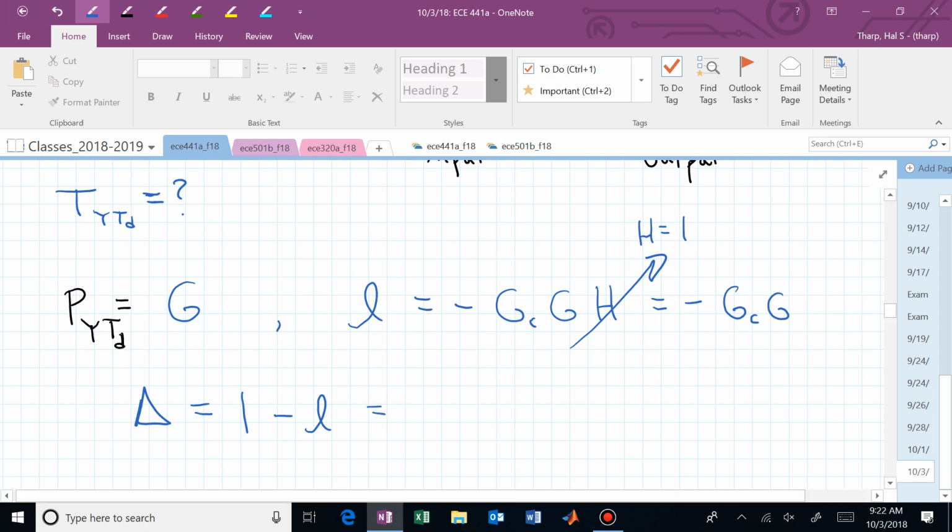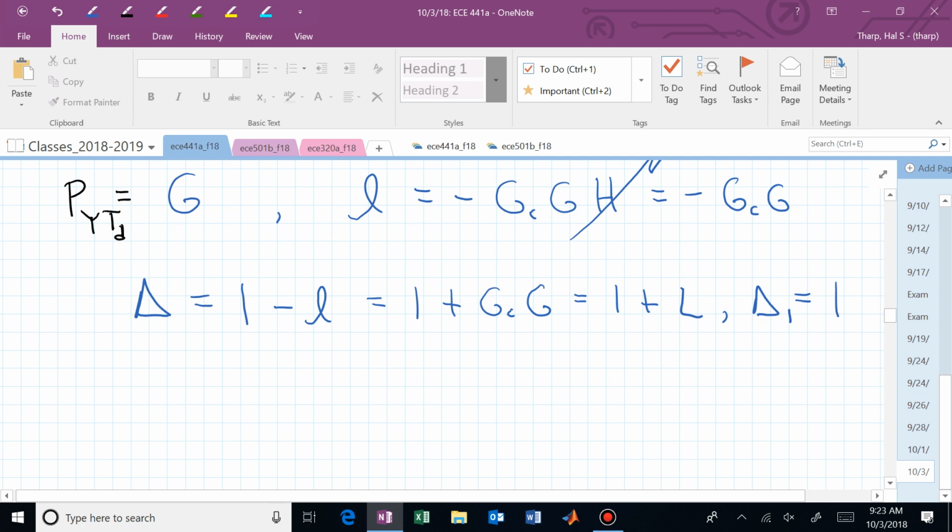This is now going to be 1 plus g sub c g, which I'm going to call, as I indicated before, L, the loop gain. And what's cofactor 1? You already told me that if you eliminate that path from t sub d to y, that disconnects the only loop we had. Our cofactor is now 1.